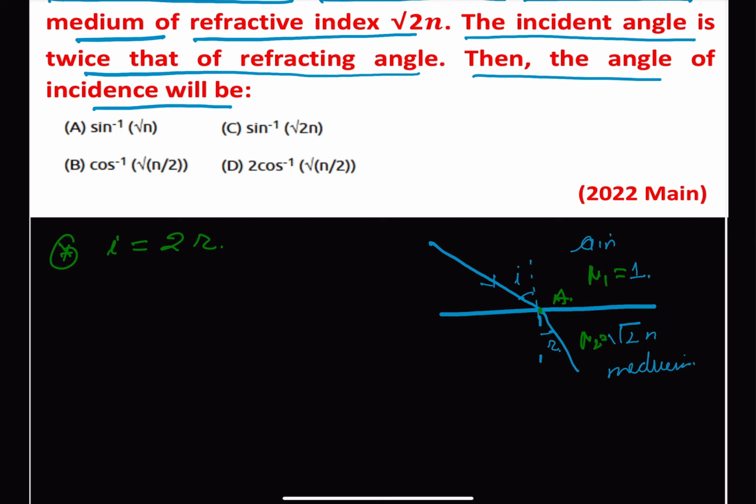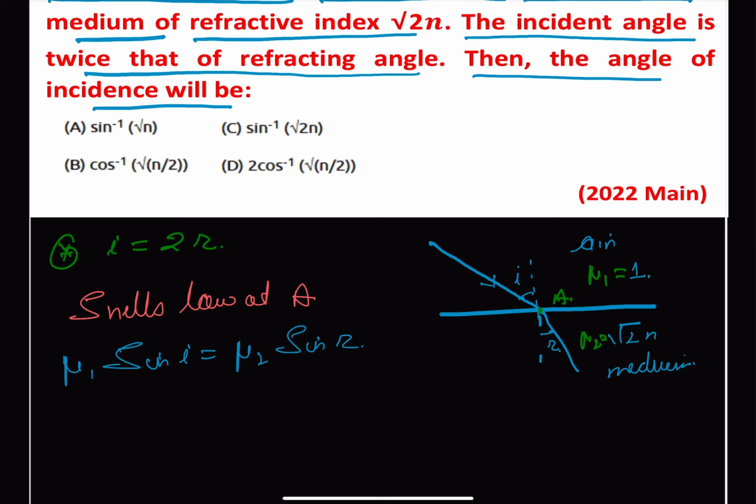So we can use Snell's law at point A. Snell's law at A, we can write this as mu1 sine of I is equal to mu2 sine of R. mu1 is our 1 and I is equal to twice of R. And we have to find out the angle of incidence, so we can say that our R is equal to I by 2.